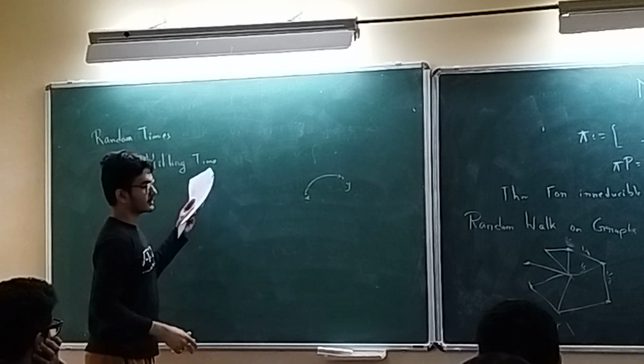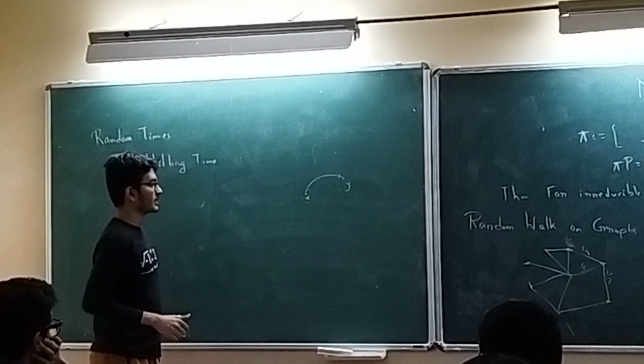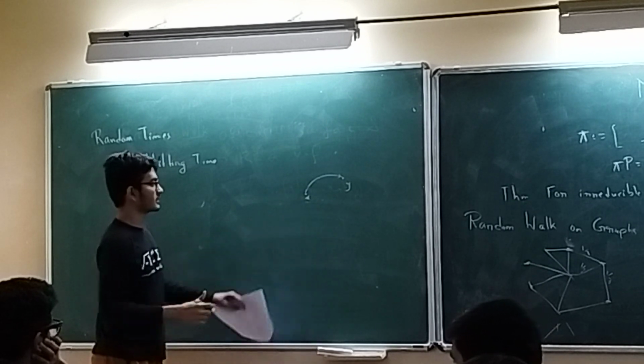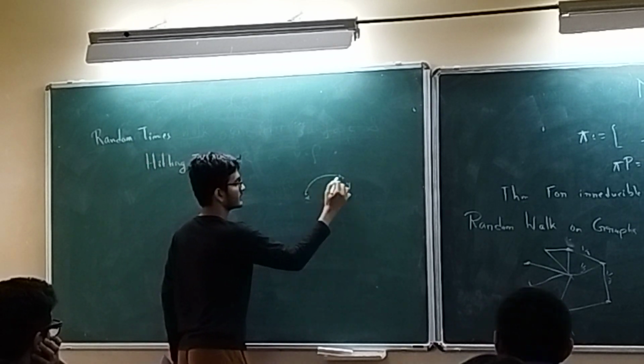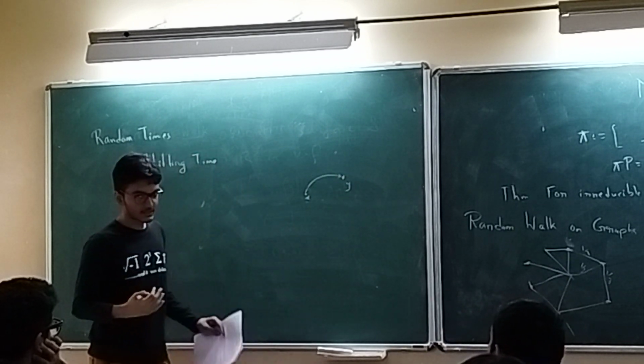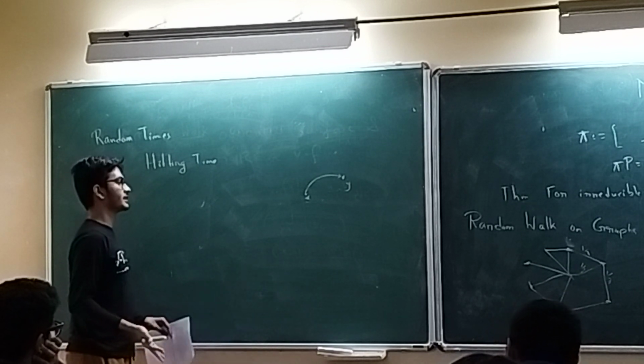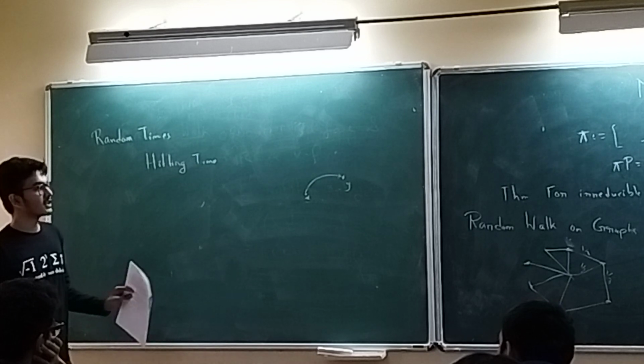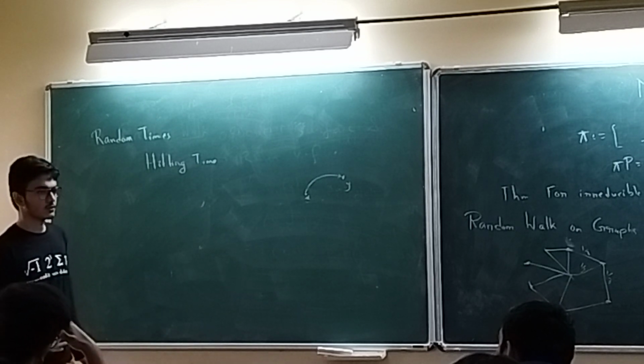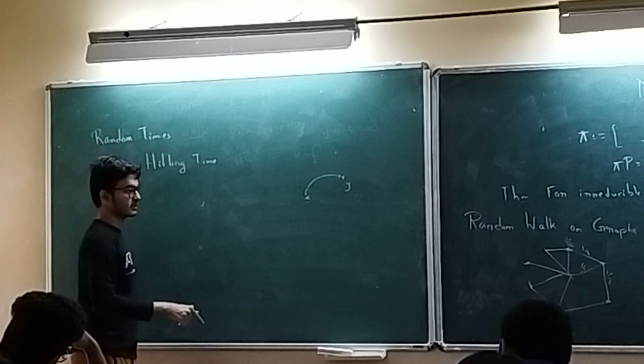Hitting time basically encodes that fact. Also, this time is not deterministic, because it's random: you can move in 2 steps or in 5 steps or anything. So it's very bad to ask for the random time directly. It's better to ask for the expectation of that.